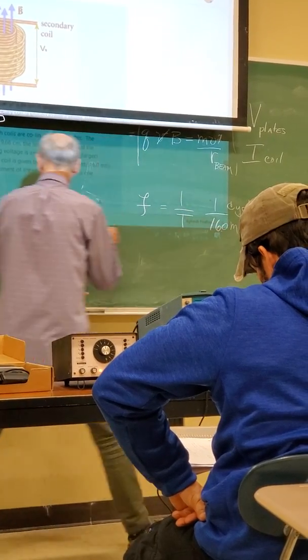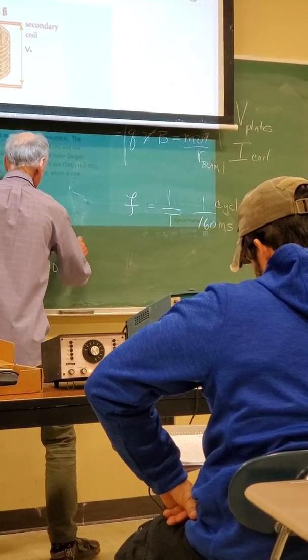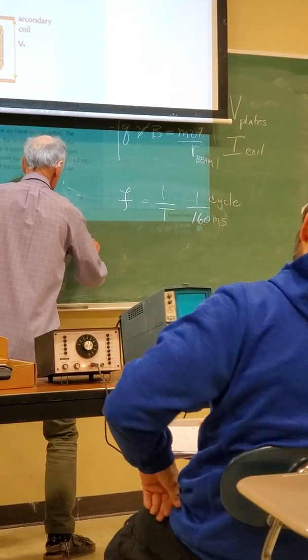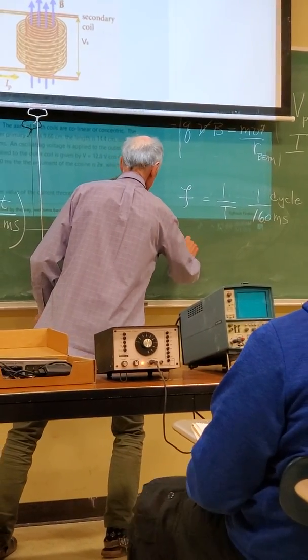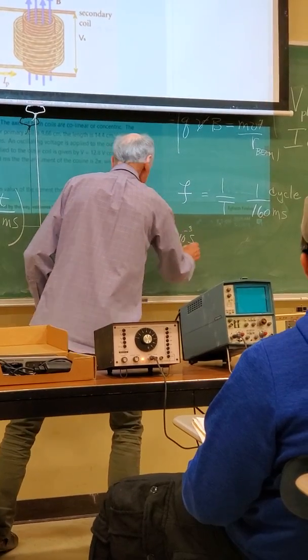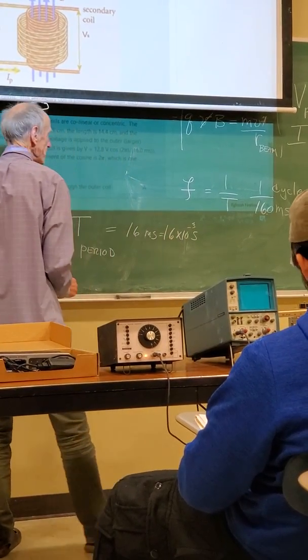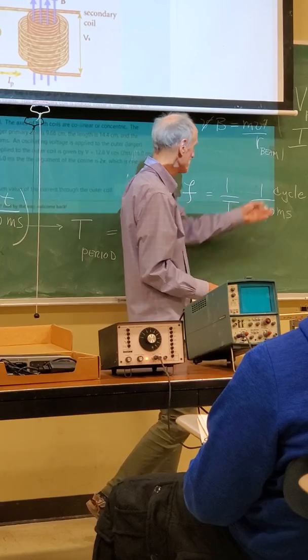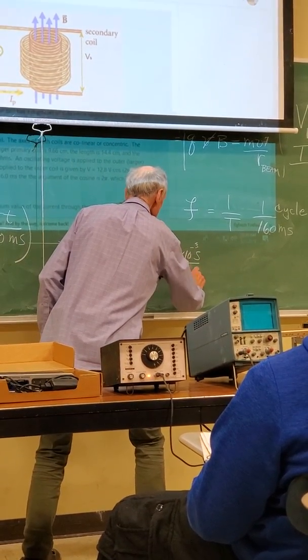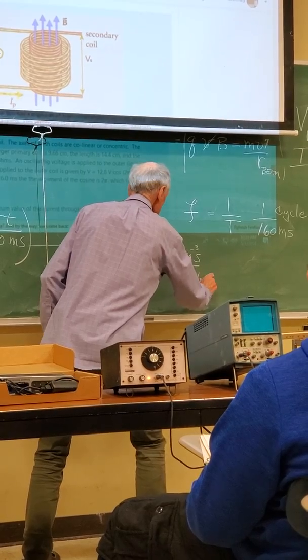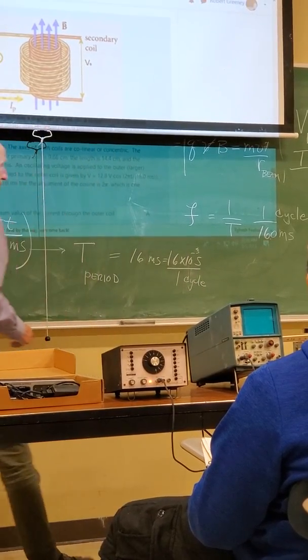Period is given in seconds, like 16 milliseconds or 16 times 10 to the minus 3 seconds, however you want to do it. And frequency is given in cycles per second. This is the seconds per cycle, and when you invert it, you get the cycles per second, which is what we know as frequency.